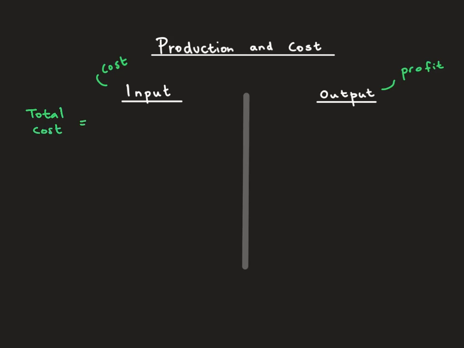And the total cost is equal to the fixed cost plus a variable cost. We can easily represent this as total cost is equal to a fixed cost plus a variable cost. And what a fixed cost is basically stays the same for, let's say, a period of a year. So something like your rent, insurance, and our variable cost varies with the production level.